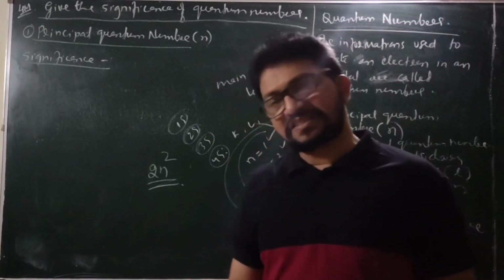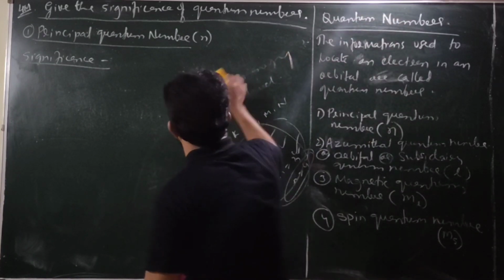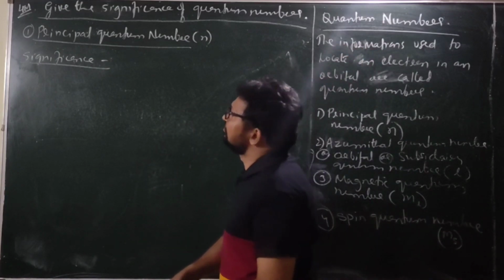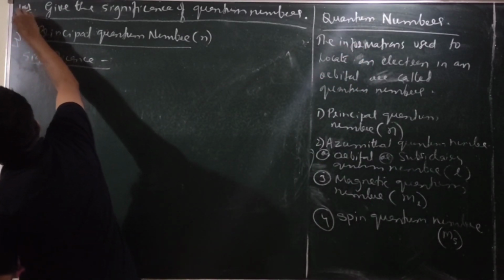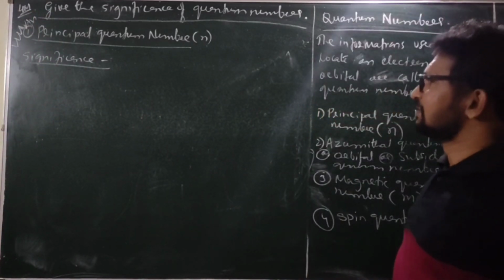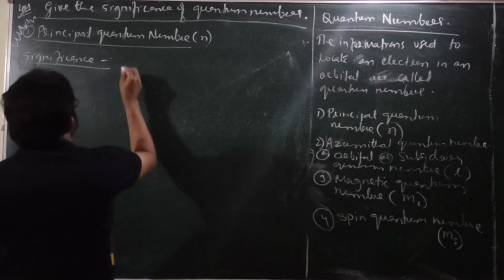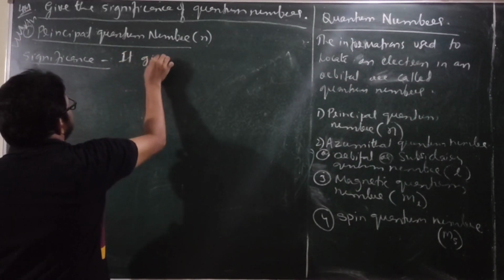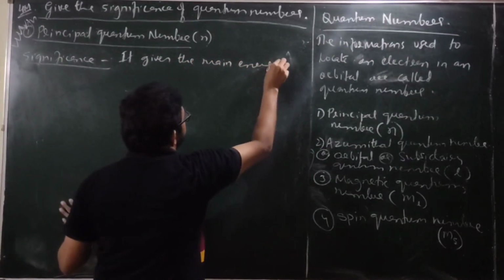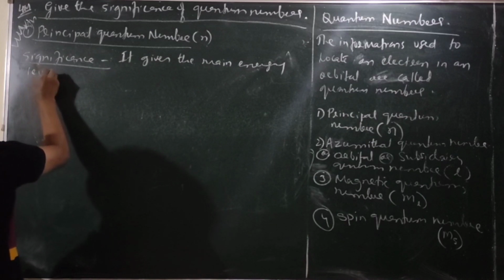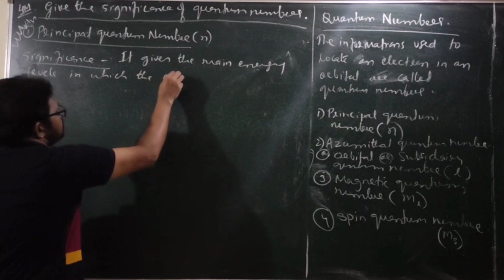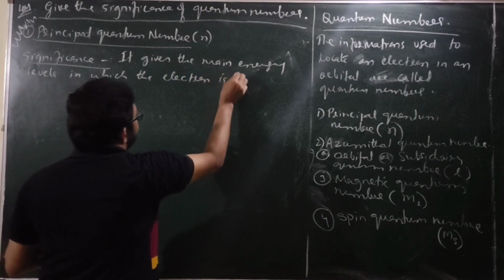So I will write the significance. One mark question. Each quantum number signifies 1 mark, totally 4 marks. Very important. Okay, so what is the significance? It gives the main energy levels, the energy levels in which the electron is present.